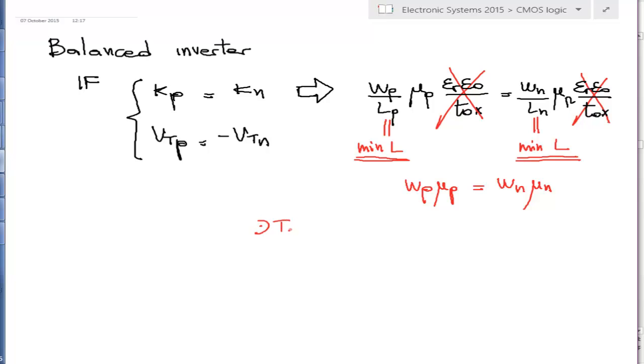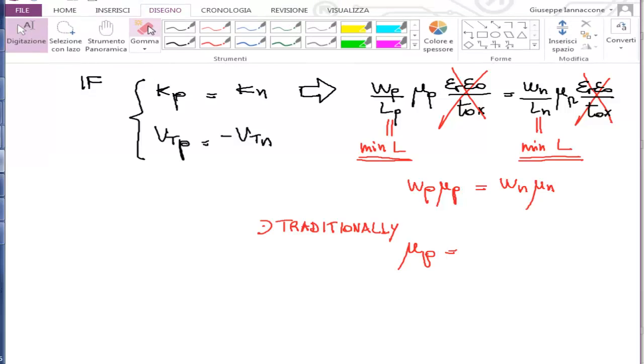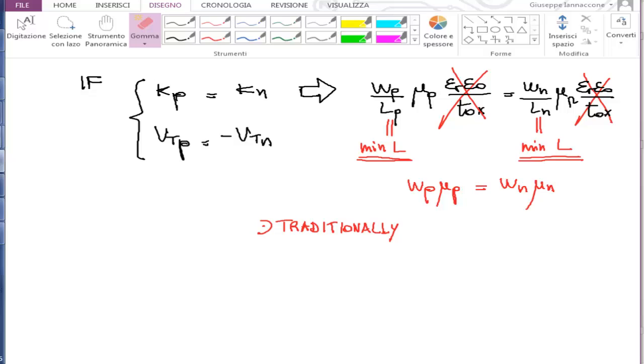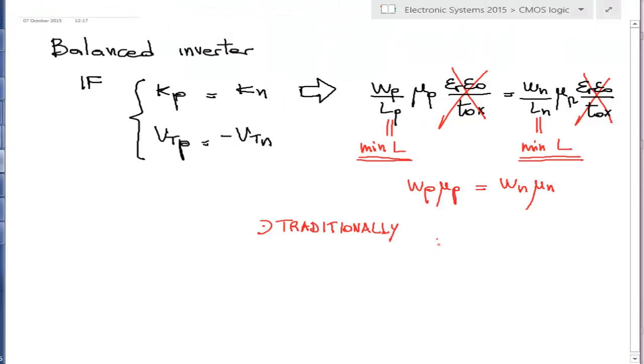So what does it mean? In silicon, and of course we're talking about silicon, traditionally mu N is about twice mu P. This is basically a property of the material, so it's only something related to silicon.